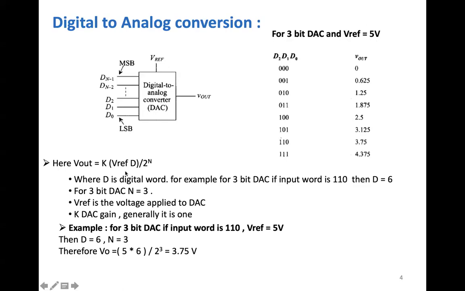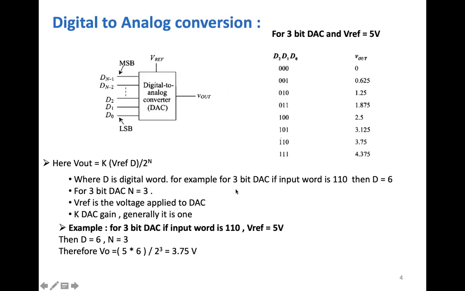How is this V out calculated? Taking V reference into consideration, V out is equal to K into V reference times D divided by 2 raised to N. That's the formula for how V out is computed, where D is the digital word, which means 000 or 111, whatever you're giving.